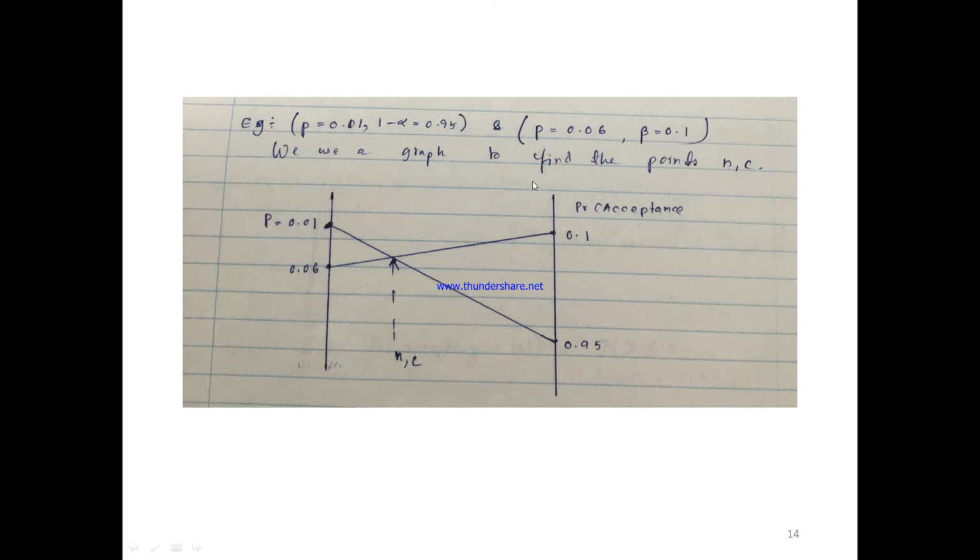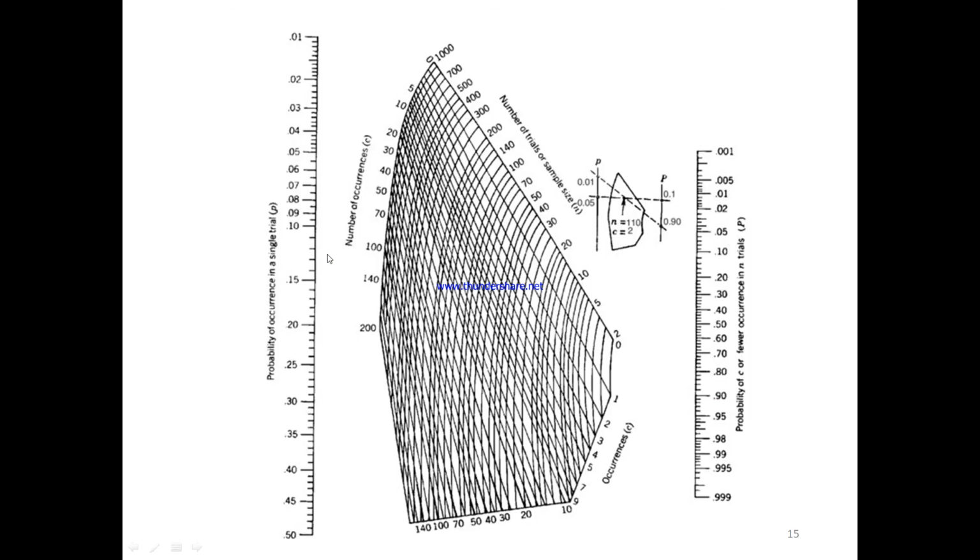Right? So in that case, what you can do is, in your graph, I'll show the graph here. You can see on your left hand side you have some probabilities, and again on your right hand side there's another scale with probabilities, right?